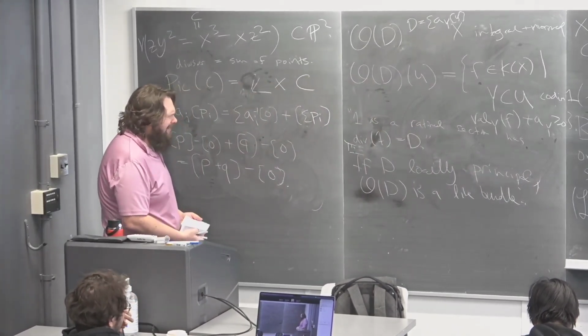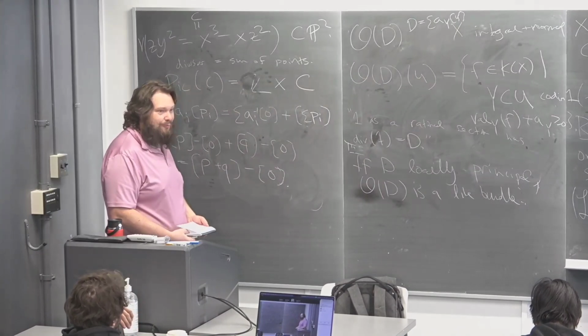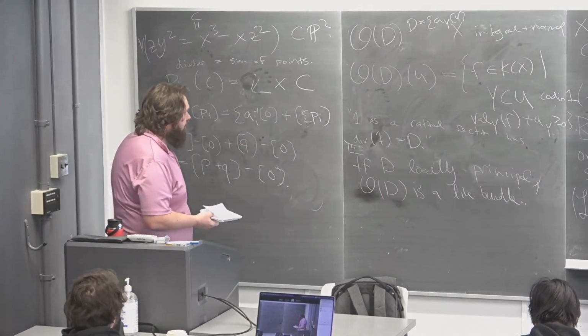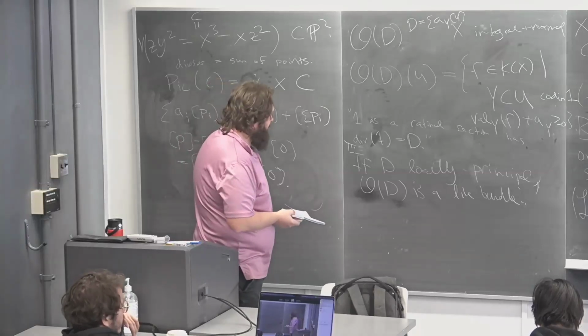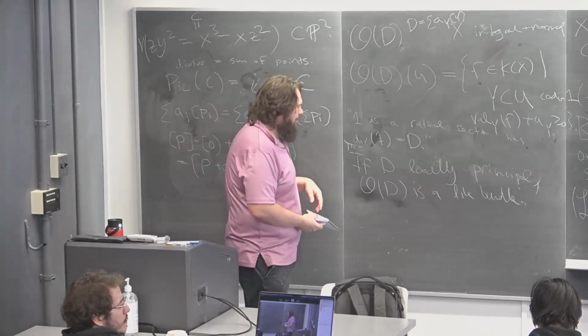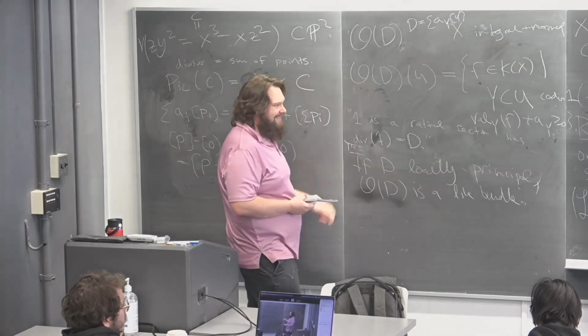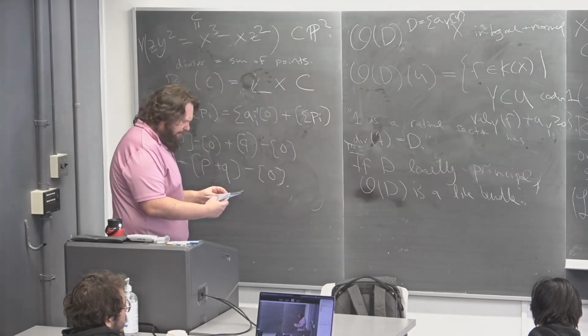I mean, there might also be cases where it's a line bundle, but it's the line bundle for a different divisor. But certainly, if you look at the theorem, it doesn't say that this is locally free for all divisors. It says it's locally free for locally principal ones.